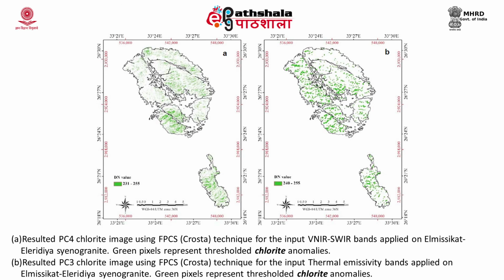If you look at this image, in green color DN value you can see the chlorite anomaly, both in the visible near infrared and short wave infrared bands as well as in the thermal emissivity band, and you can find out those anomalies.